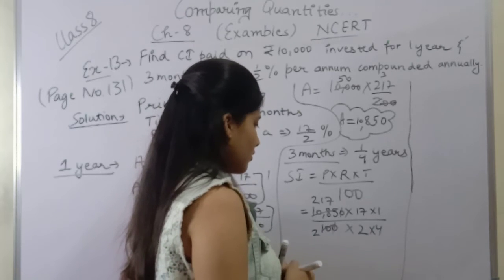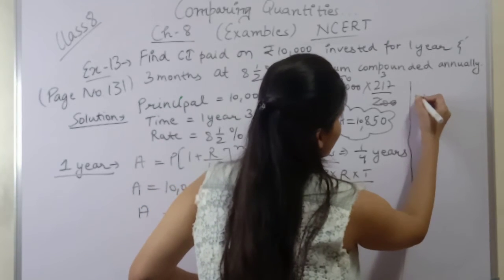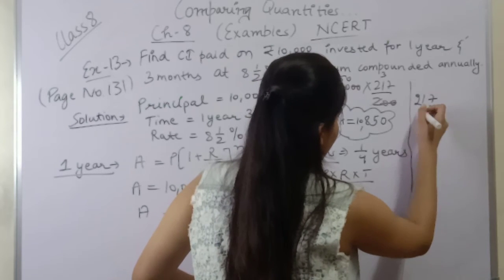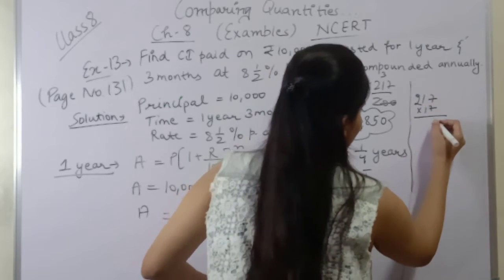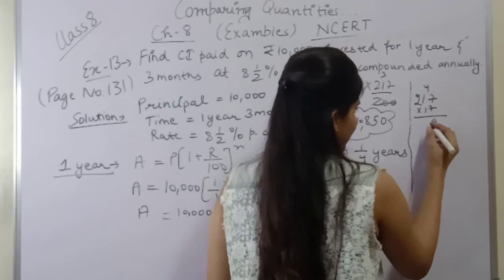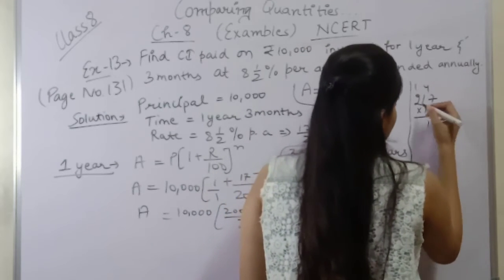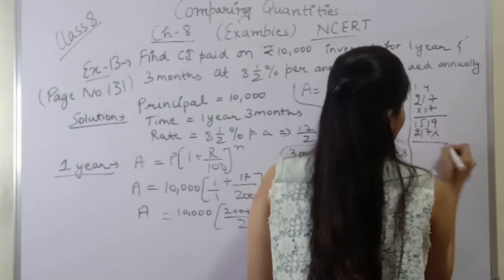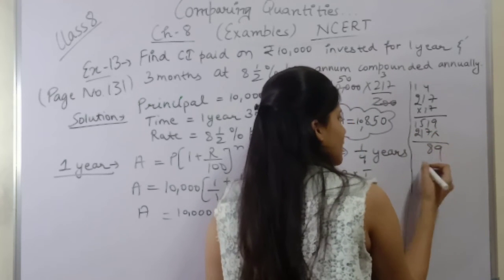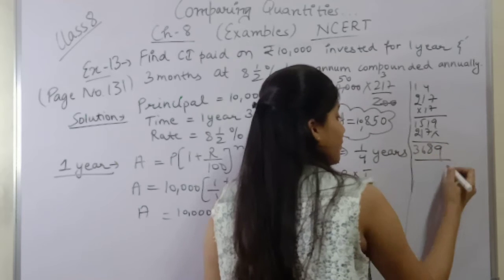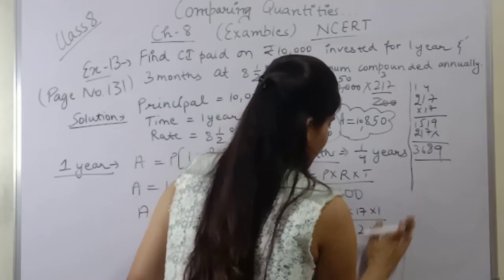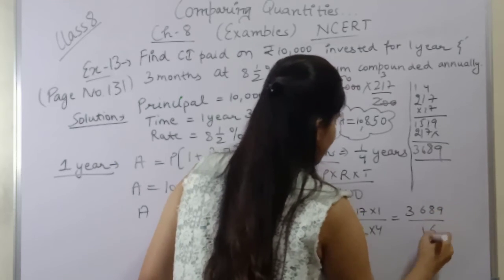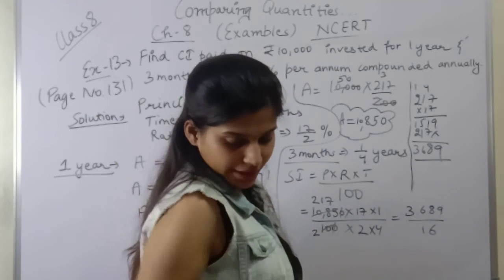So 217 into 17 करते हैं. 7 7s are 49. 7 1s are 7. 8 9 10 11. 7 2s are 14 plus 1 15. 1 7s are 7. 1 1s are 1. 1 2s are 2. So this is 3689. This is 3689 upon 16. Okay. Now let's cut.